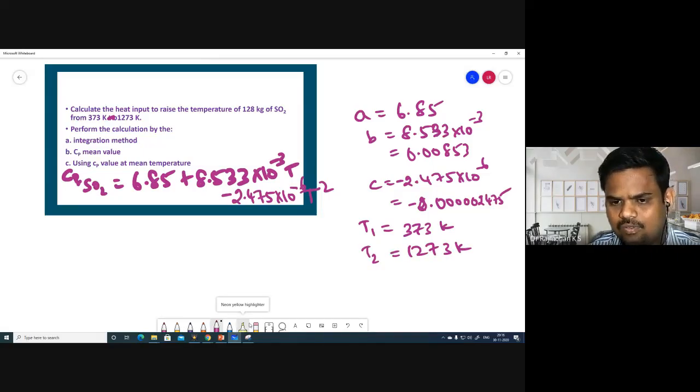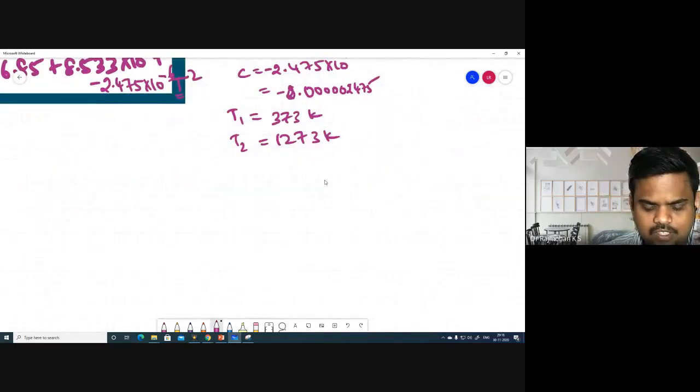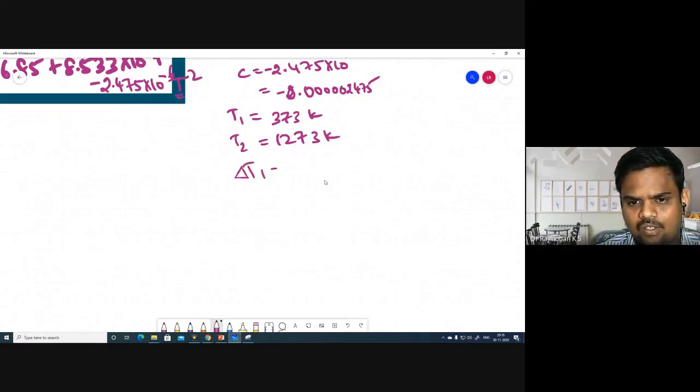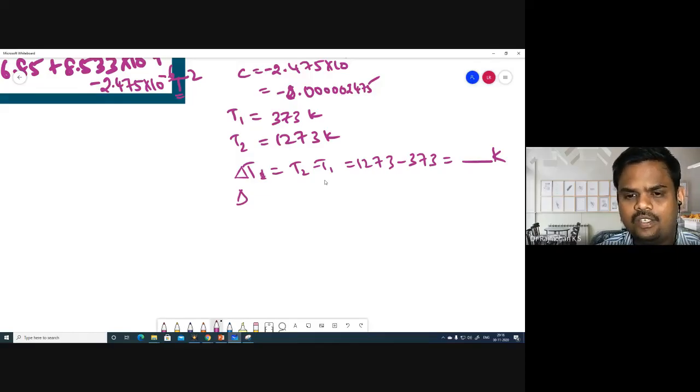Since T square is involved, we are going to make use of three terms. We can determine delta T, which is T2 minus T1, and substitute this much Kelvin. Then we find delta T square, that is T2 square minus T1 square, which will be 1273 square minus 373 square.